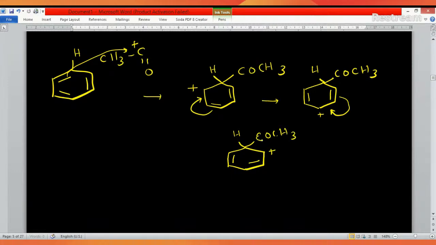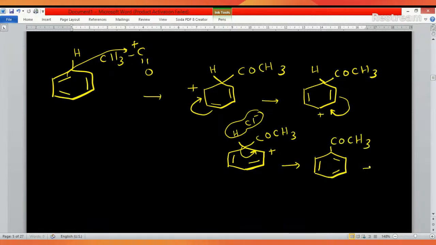To make it neutral, finally Cl minus, which comes from that AlCl4 minus, will abstract this hydrogen so that the electron pair moves towards this side. We can have a neutral compound, the final product. This is the final product, COCH3 plus HCl.